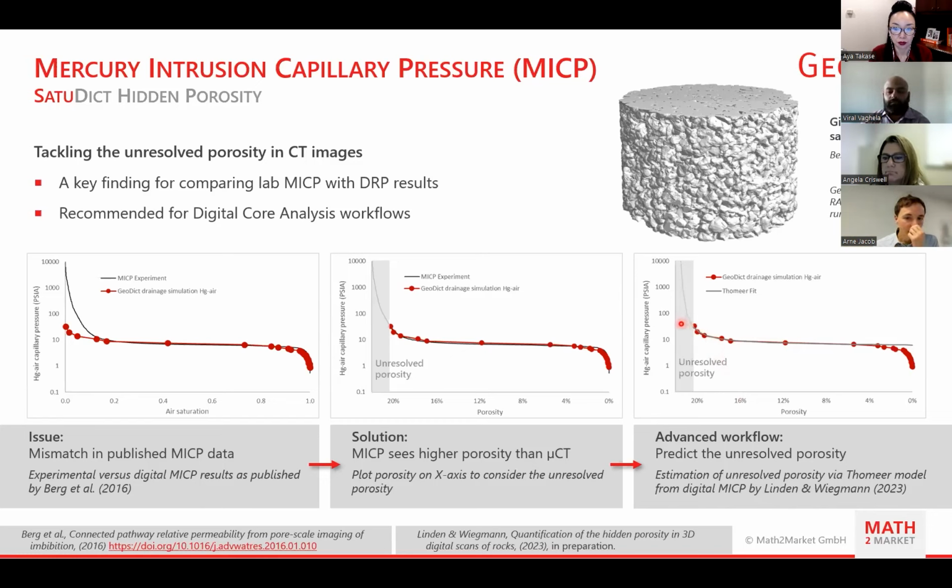So that means there will always be unresolved porosity in your scans based on the method. Since we have pixels or voxels in micro-CT data, they will not exactly represent the real structure, but that small area you could not see will decrease by increasing resolution.